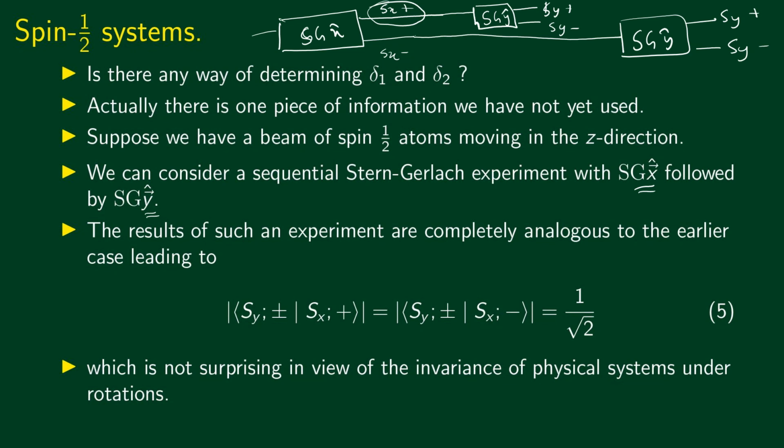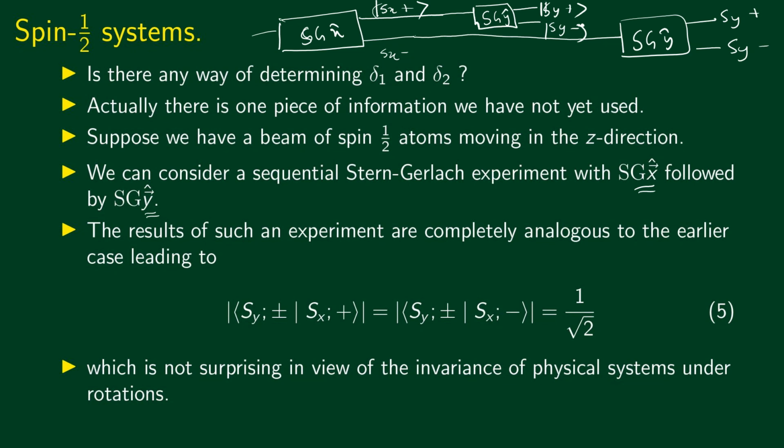This again means that the beam we characterize by ket Sx plus has components along both Sy plus and Sy minus directions.